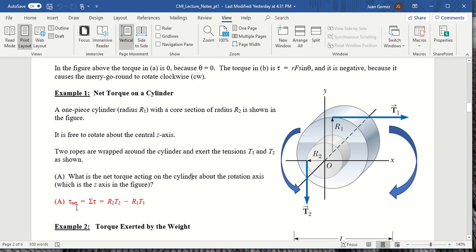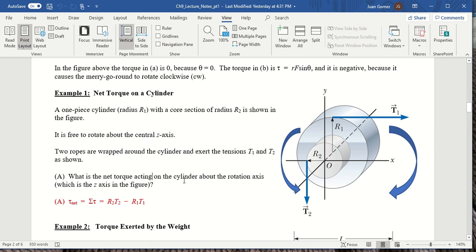So the net torque is simply the sum of all the torques. In this case, there's two of them. R2 T2 is positive, R1 T1 is negative, hence the negative sign there. So the net torque, or total torque, is R2 T2 minus R1 T1.